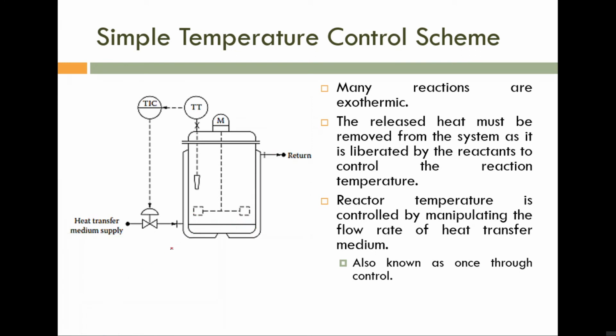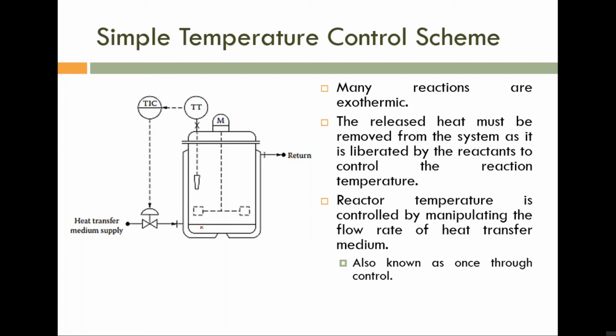Second thing is, we are allowing this heat transfer medium to absorb heat energy. But the interesting thing is that heat absorption, if it is exothermic, and heat transmission, if it is endothermic, is possible only if it is able to maintain a minimum Reynolds number. Reynolds number depends upon flow rate.